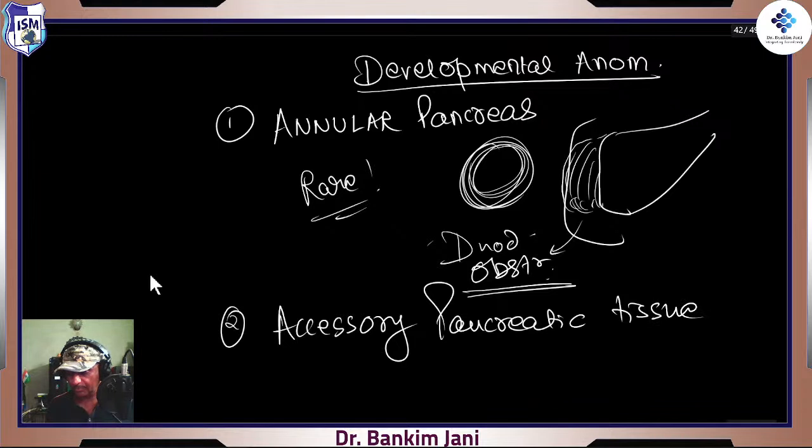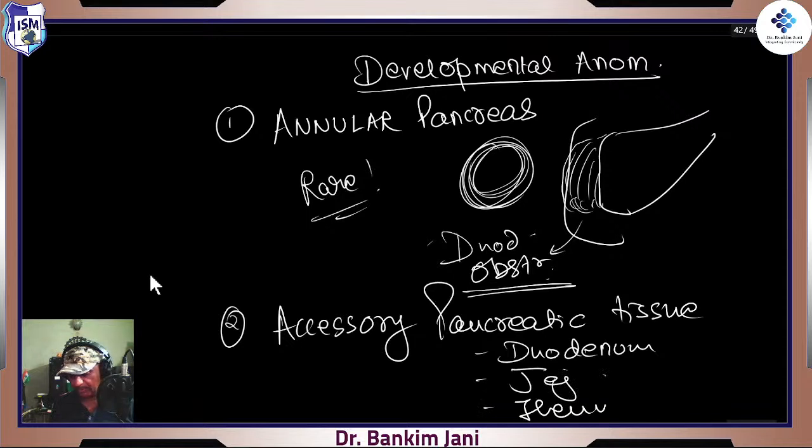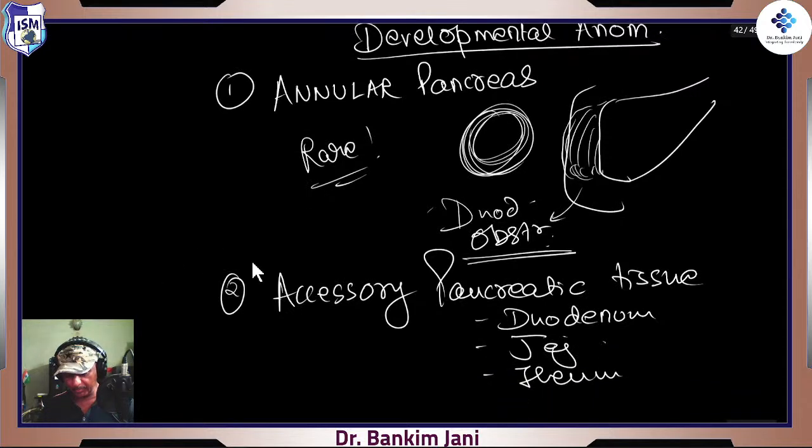Because all these are buds, they need to unite. Sometimes they don't unite. Then they will be moving into the duodenum, jejunum or ileum. At all those places they will be moving.